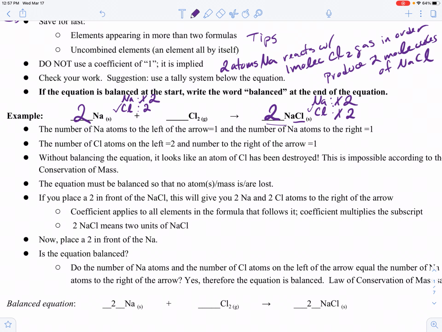If we don't have 2 Na, then I can't make this. If I don't have 1 Cl2, I can't make this. So this is how many of each of these things I need in order to make my product. And now you can kind of look at it like a recipe. This is the recipe for making these products.